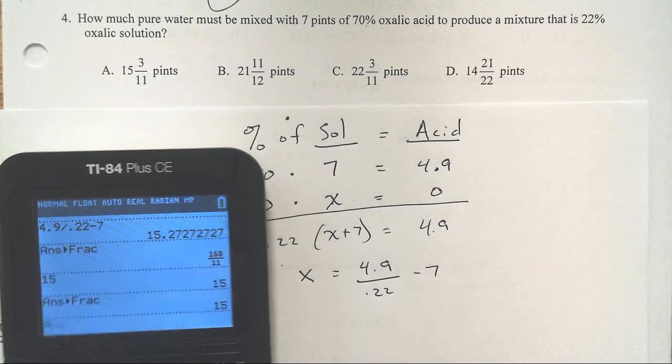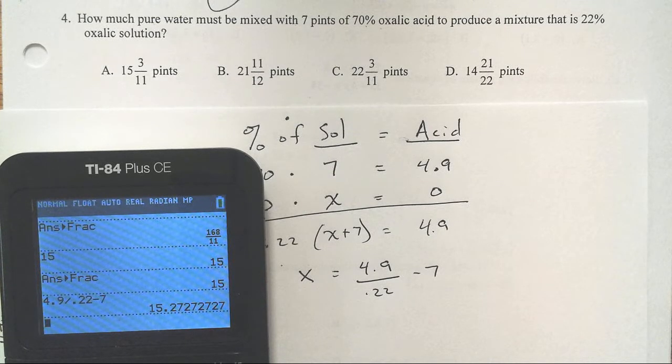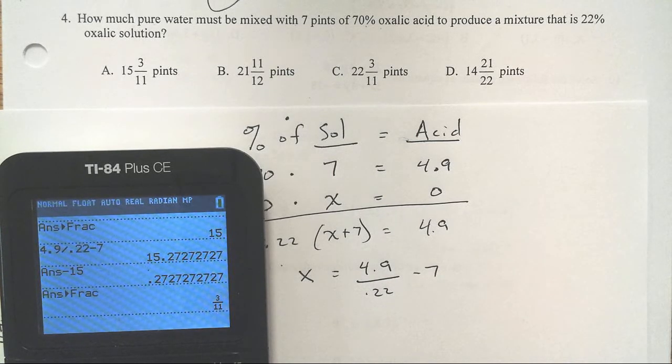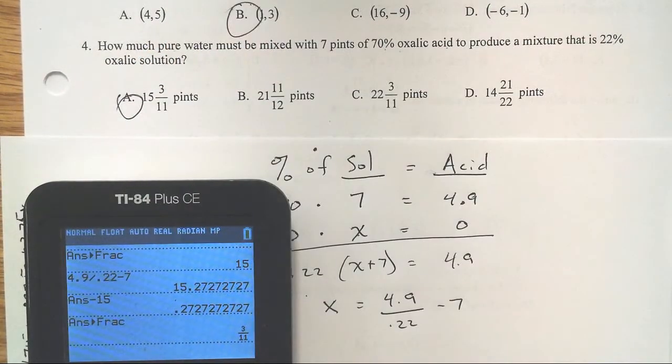Let me try that again, second entry. I want to get all the way back to here. Now if I subtract 15 from that, and I go math fraction, I got 15 and 3/11. So there we go, 15 and 3/11.